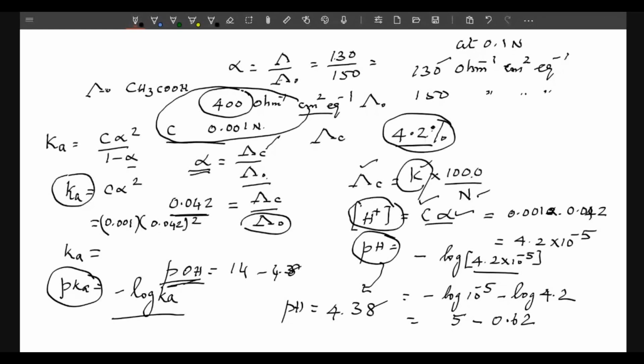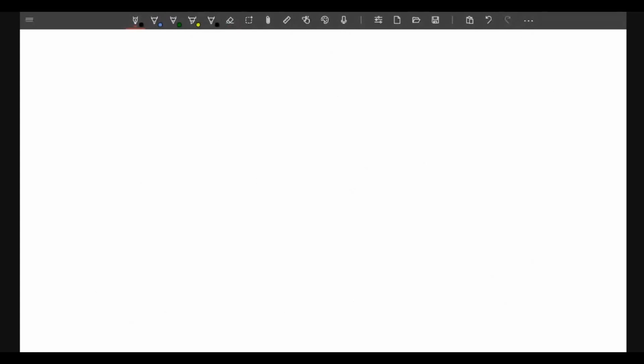The lambda naught for ammonium chloride, sodium hydroxide and sodium chloride are 230, 270 and 109 per ohm per centimeter square per equivalent.